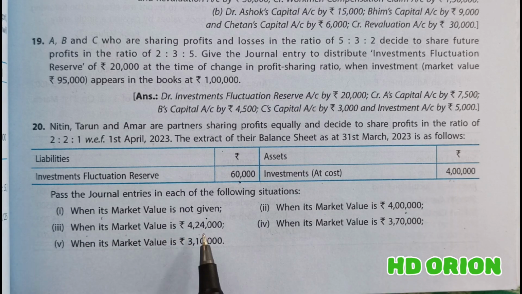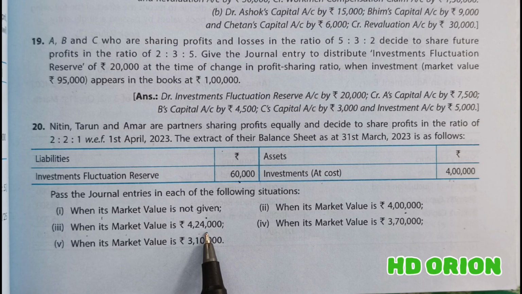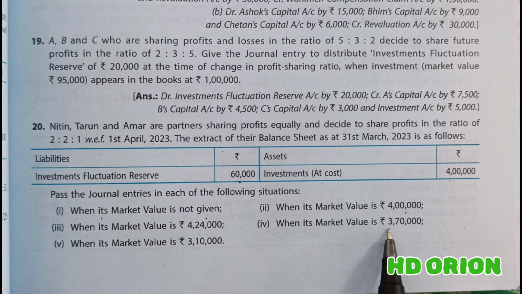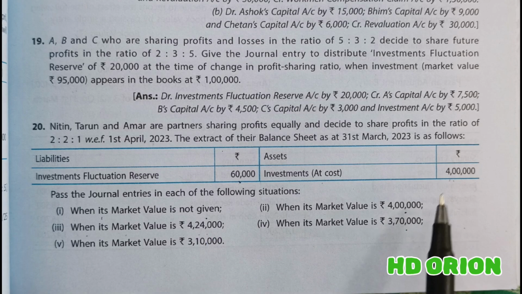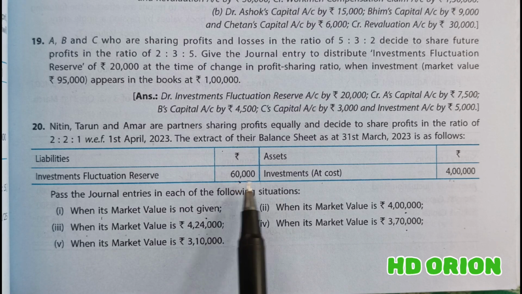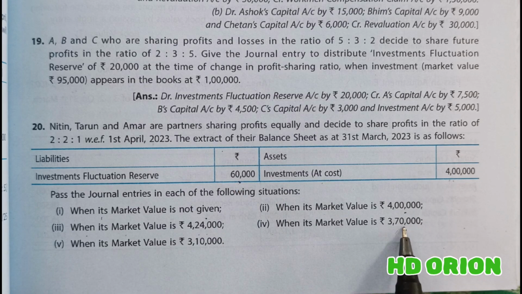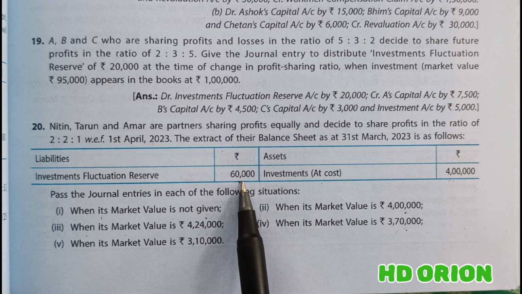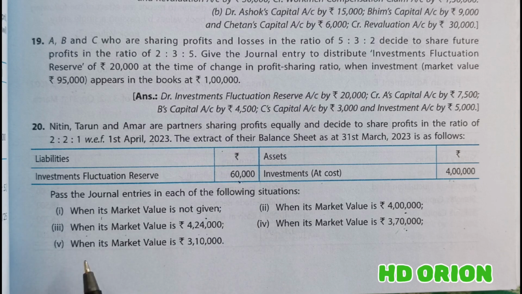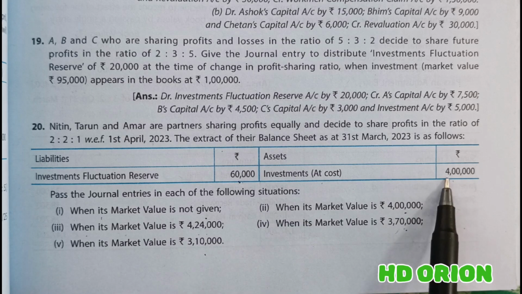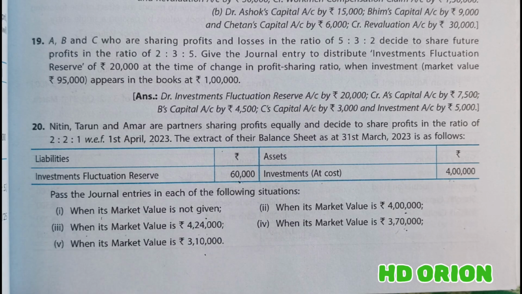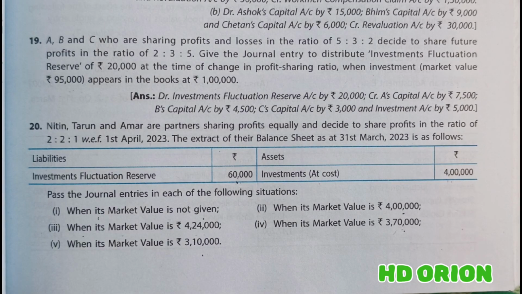Fourth, when the market value is less than the book value, but the loss is within the investment fluctuation reserve. And the fifth case is when the market value is less than the book value, but the loss is more than the investment fluctuation reserve. So let us see journal entries related to all these five cases.